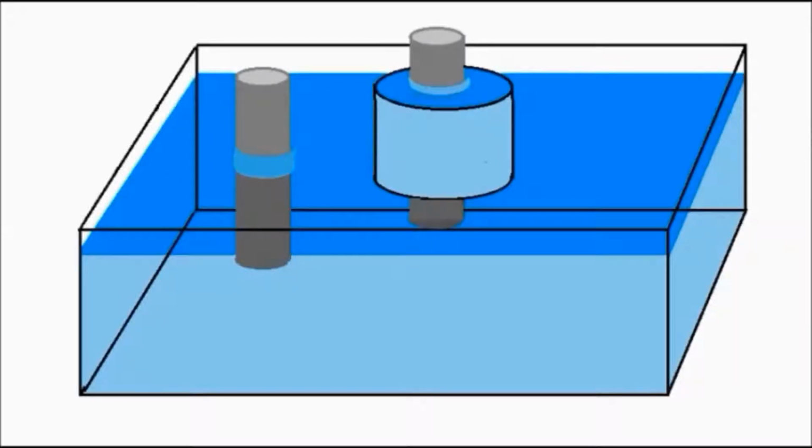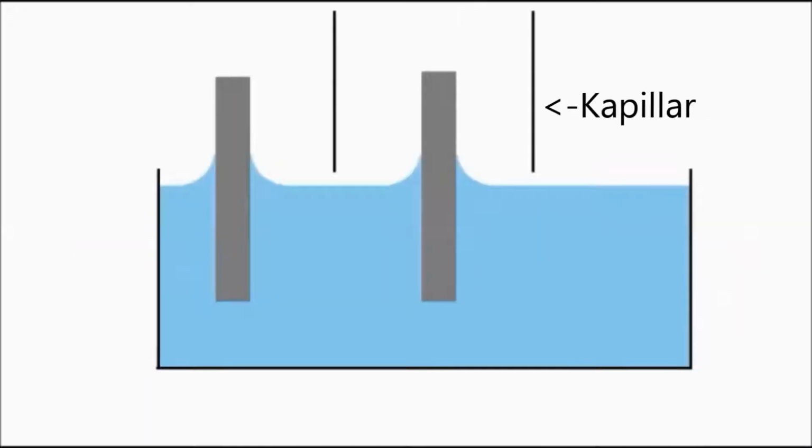And please have a look at the surrounding area of the floaters, and you can see when the water rises in the capillary, the surrounding area decreases. We have it again in another animation.